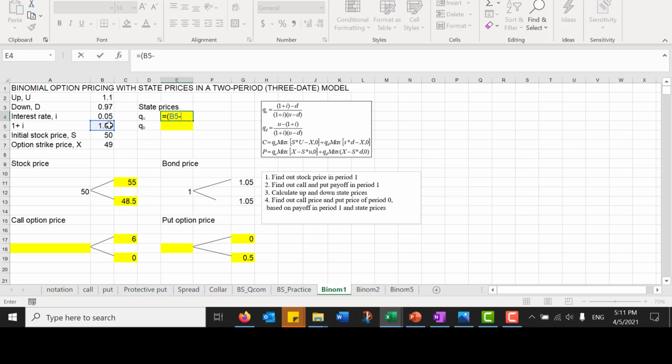Stock times N(D1) minus the strike, sometimes we use E, sometimes we use X, strike, times the exponential function.